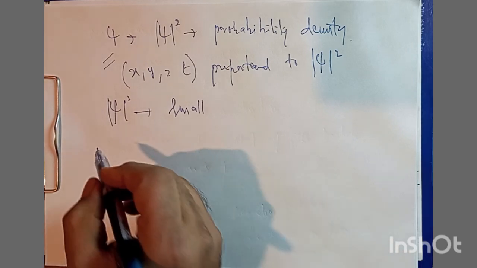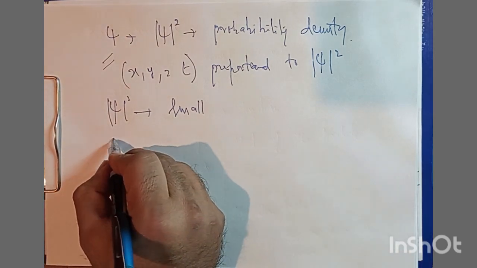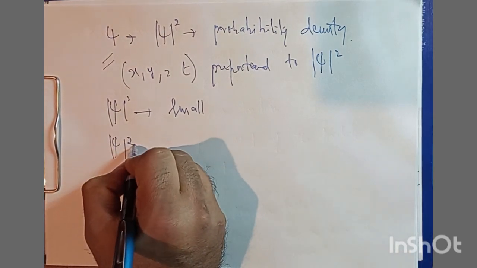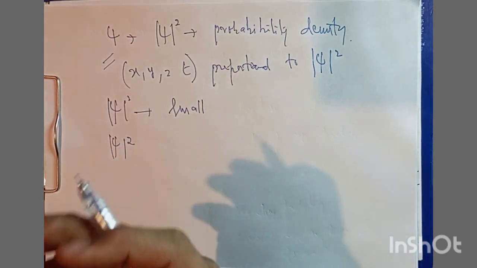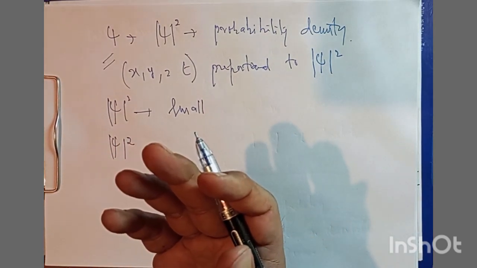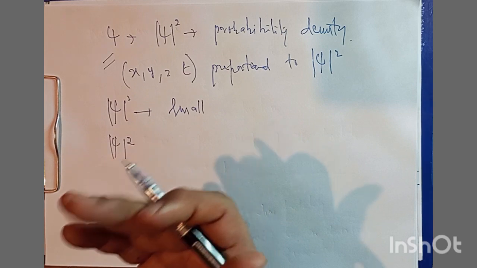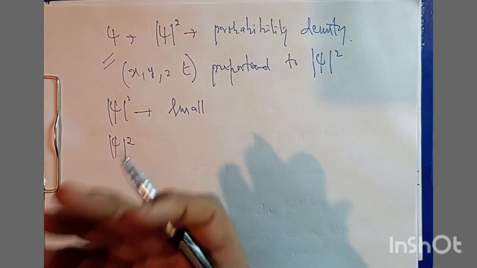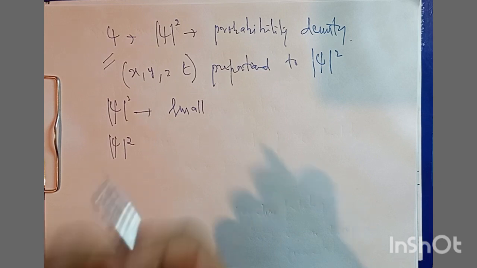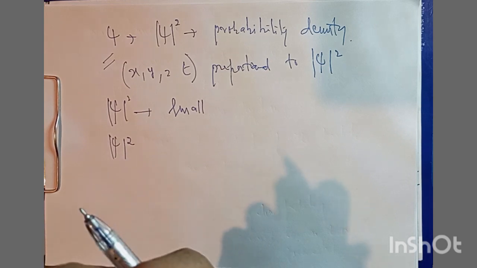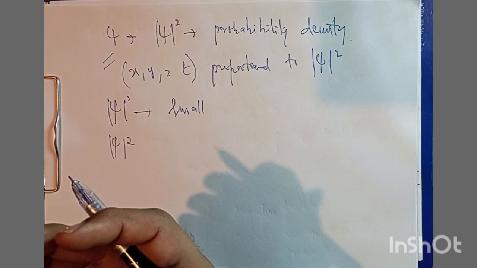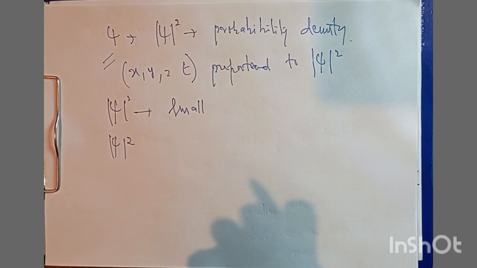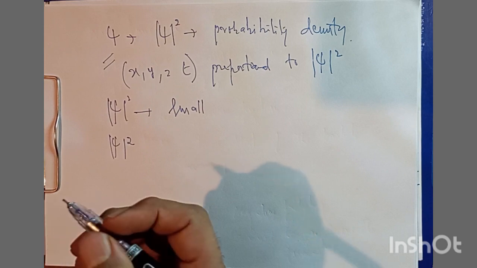Now, as long as this psi square is not actually zero, there is a definite chance, however small, of detecting it there. And this is what Max Born first made in his interpretation.